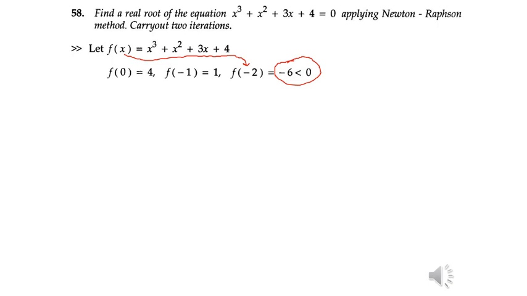So which are the consecutive values? -1 is one value for which it is positive, and then -2 is another value for which the functional value is negative, that is opposite sign. So we can conclude that our root lies between -1 and -2.